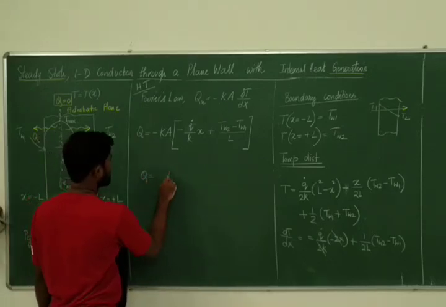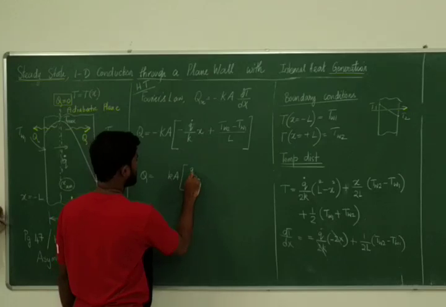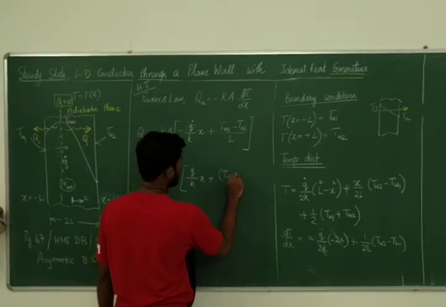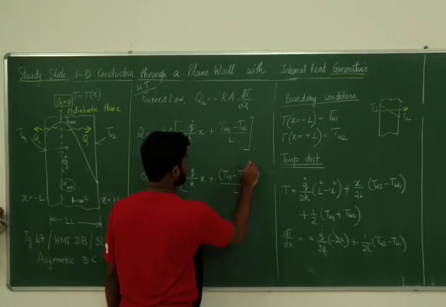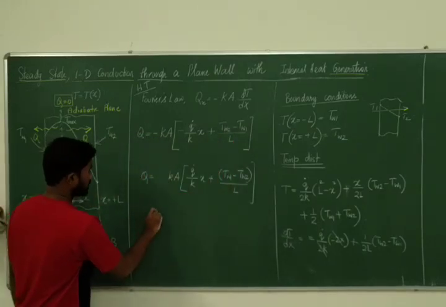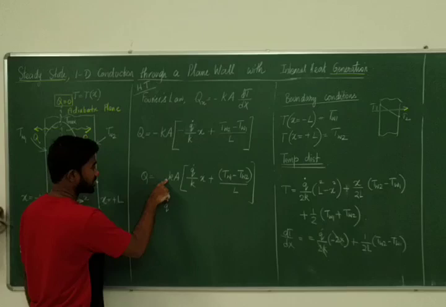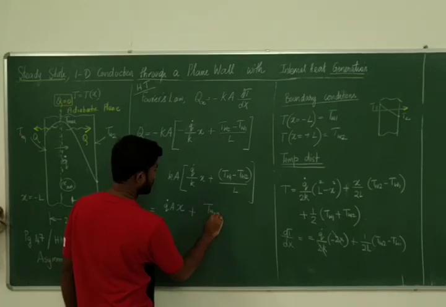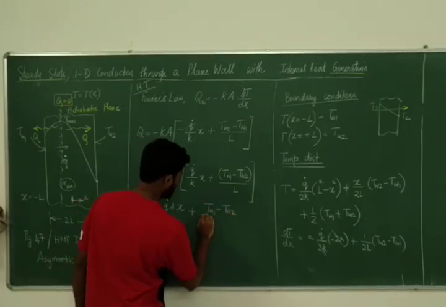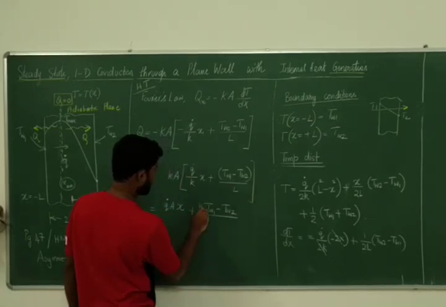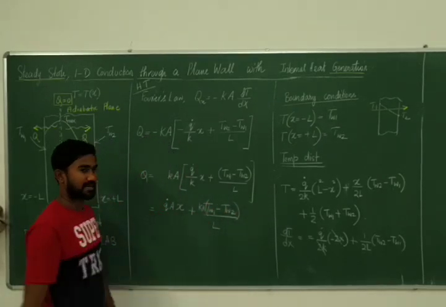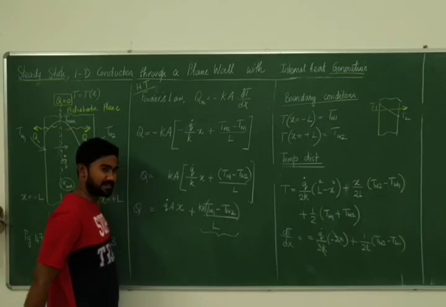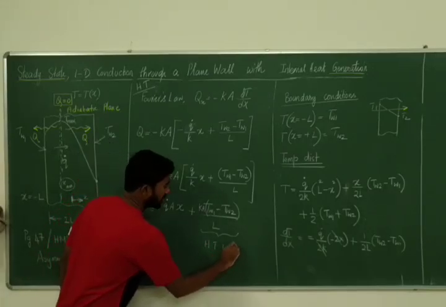Q will be kA into (q dot by k x plus (Tw1 minus Tw2) divided by L). Now you multiply kA inside, you get q dot A x plus kA (Tw1 minus Tw2) divided by L. Now it's very nice. This is the formula for plane wall without generation. That's the heat transfer if we have no generation.